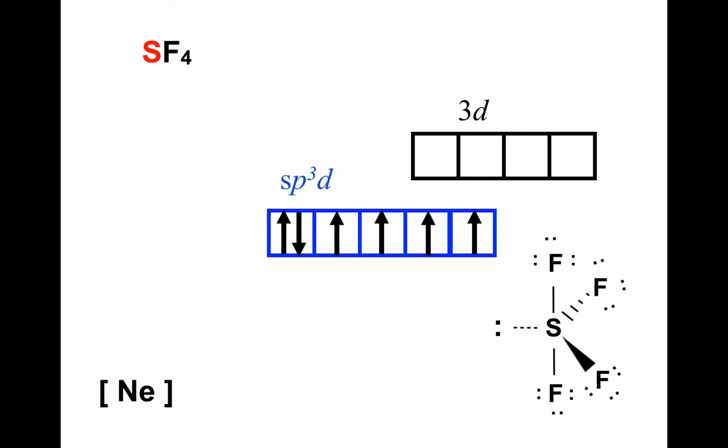So that lone pair right there is a filled sp3d hybrid, and 4 half-filled ones for overlapping with the fluorines. So sp3d hybridization gives me 5 hybrids.